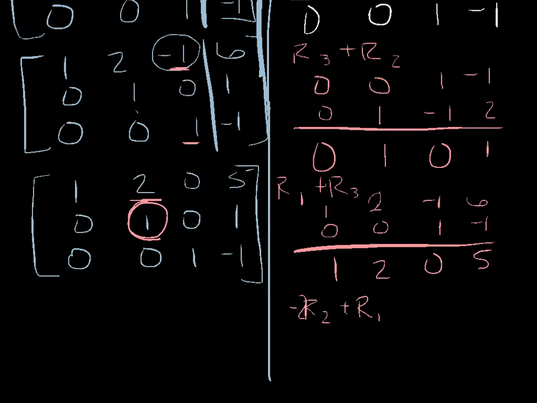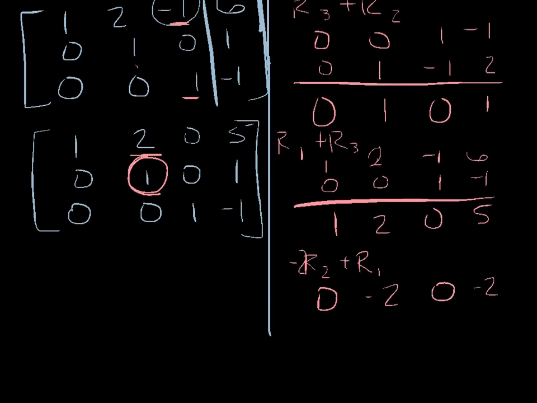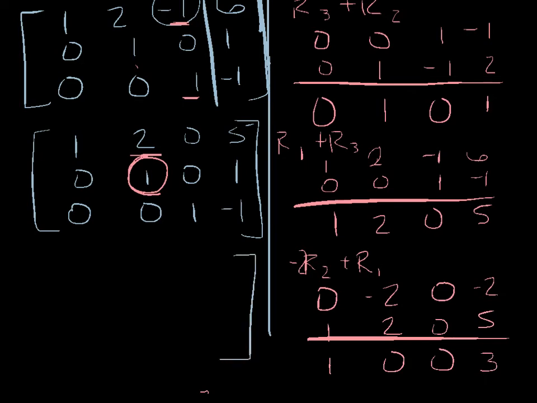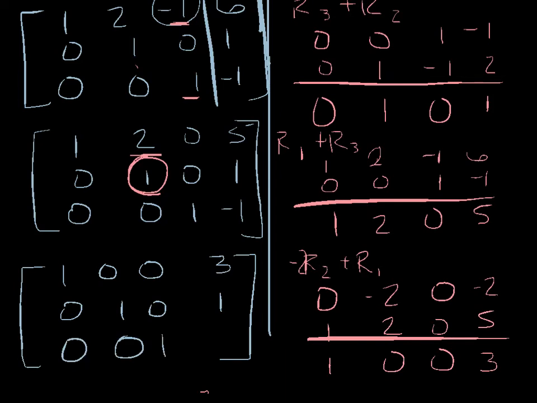Negative 2 times row 2 will be 0, negative 2, 0, negative 2. Add that to row 1, 1, 2, 0, 5. So I have 1, 0, 0, 3. That's going to replace row 1. So I have 1, 0, 0, 3, 0, 1, 0, 1, 0, 0, 1, negative 1.